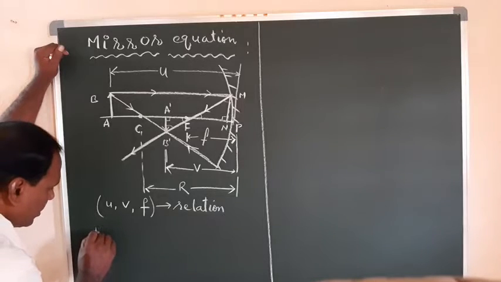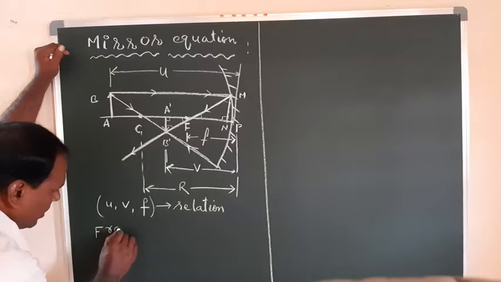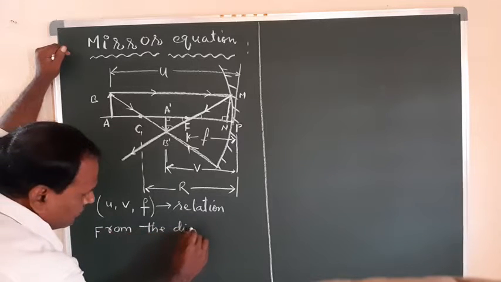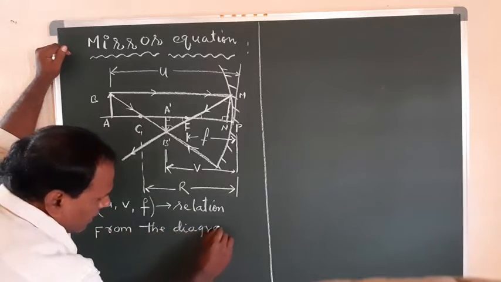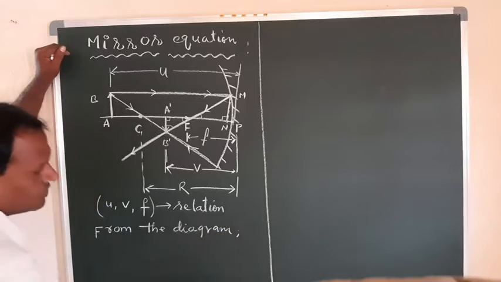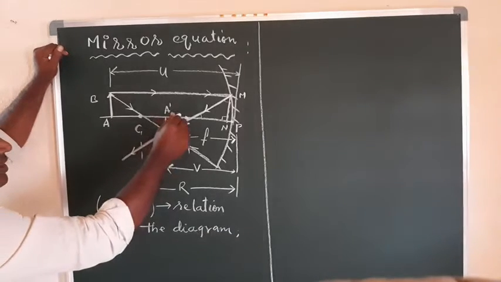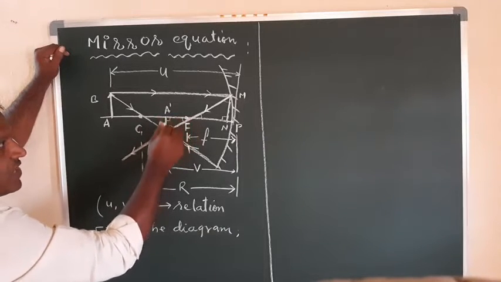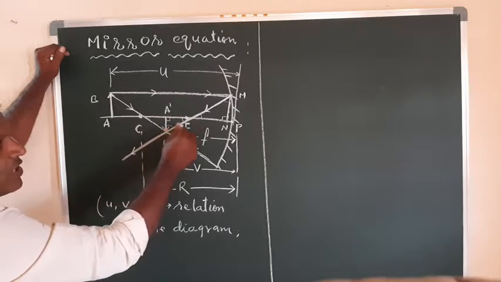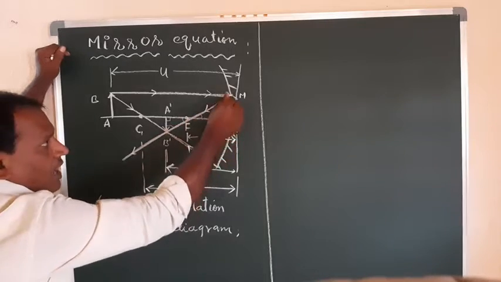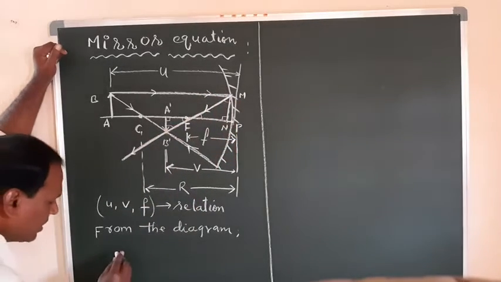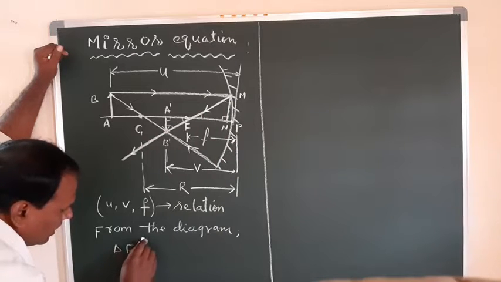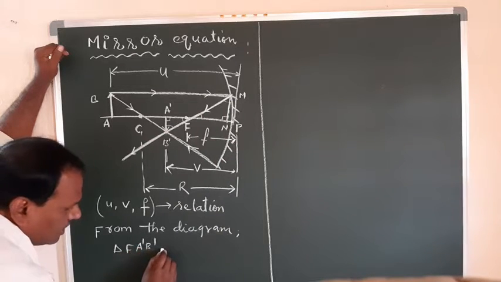From the diagram, what are we considering here? Triangle F A dash B dash is similar to triangle F N M.